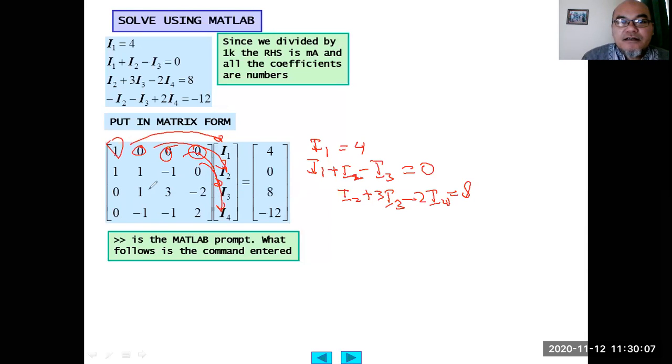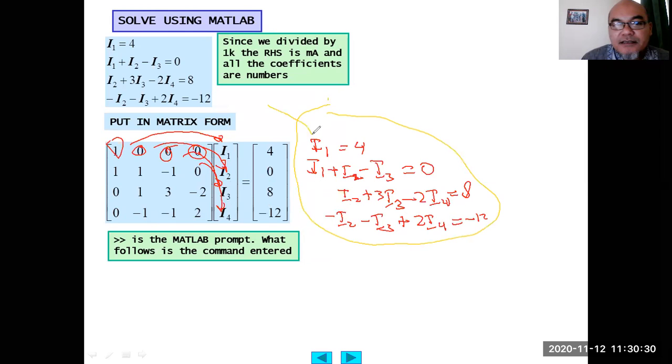Then the last row will be 0 times I1, plus negative I2, negative I3, and then plus 2 times I4 equals negative 12. If you pay attention here, this is basically the 4 equations that we obtained before.